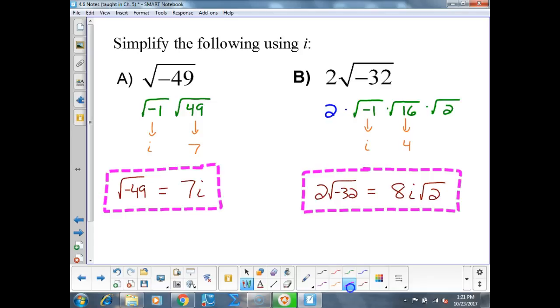The 8 came from the 2 times the 4. Because they're both outside, so they are free. Insides, they're not.